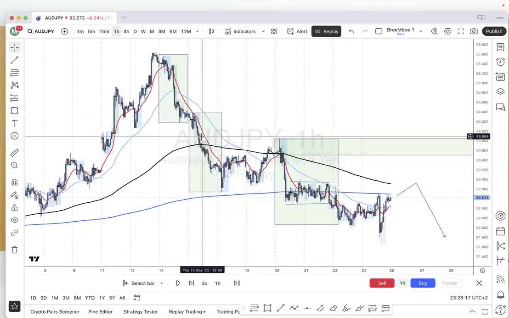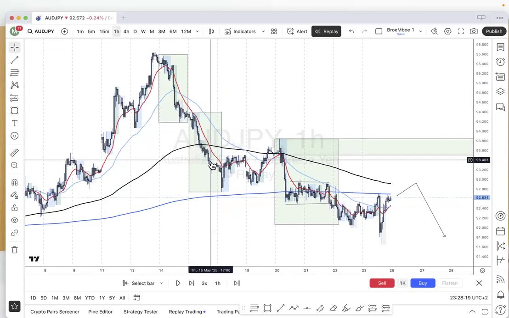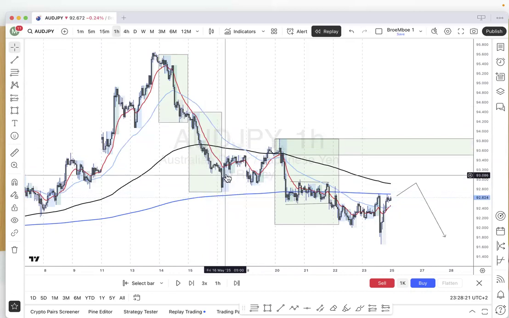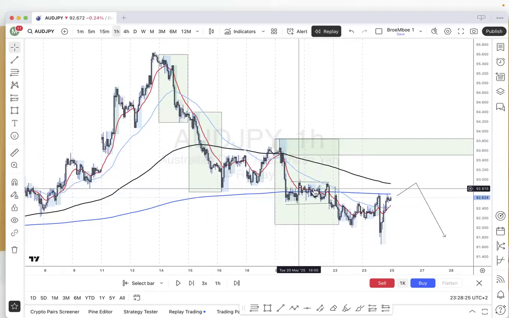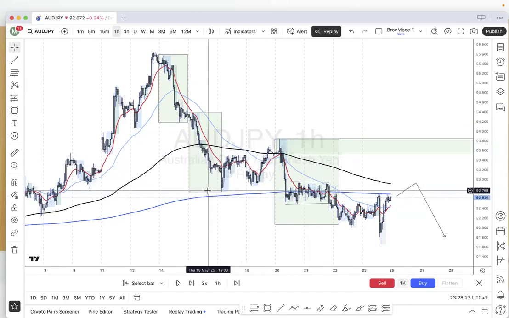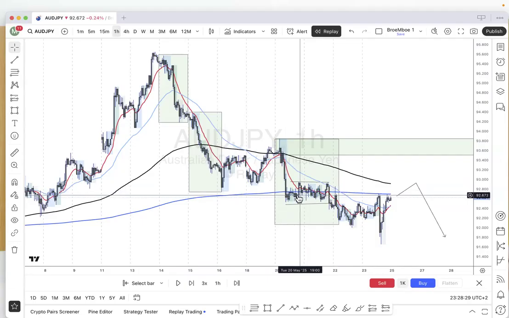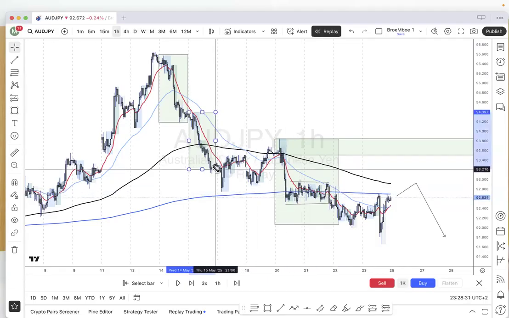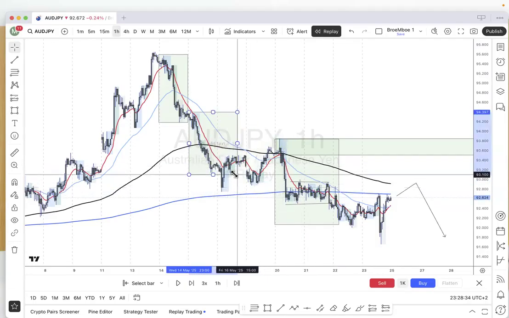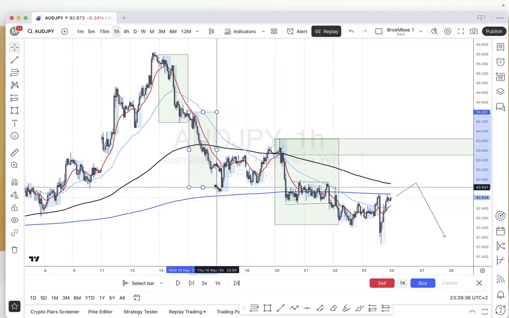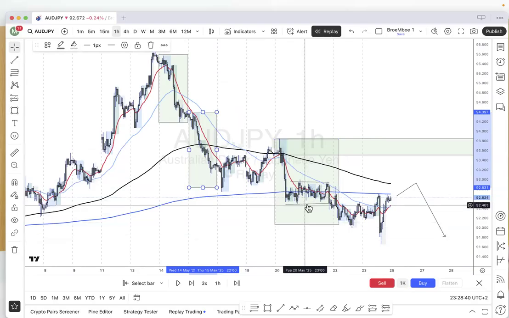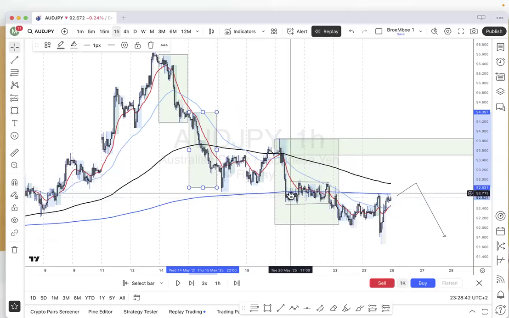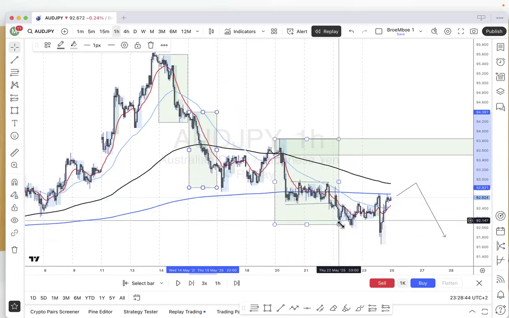Every time price kept going until it got to this point, then it started rejecting, going back up. So this level and that low are still the same area, maybe just a couple of pips, 5, 10 pips. So that means this becomes our level 3 from here going down.